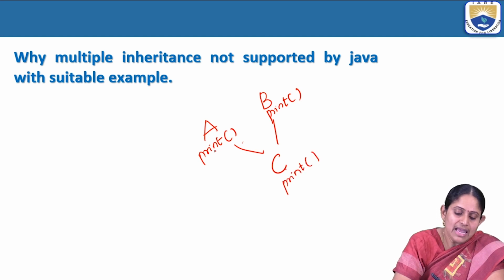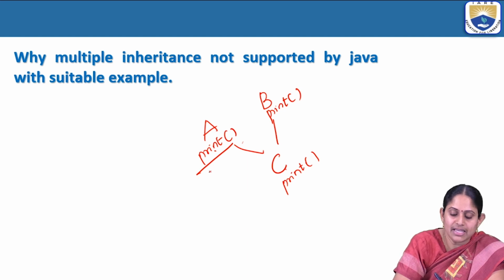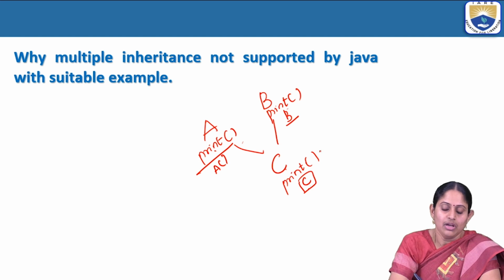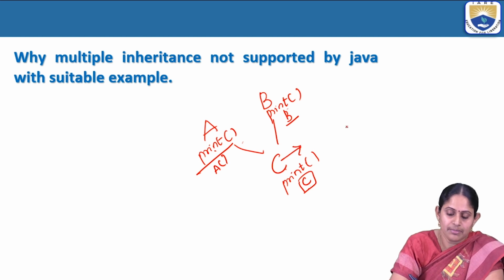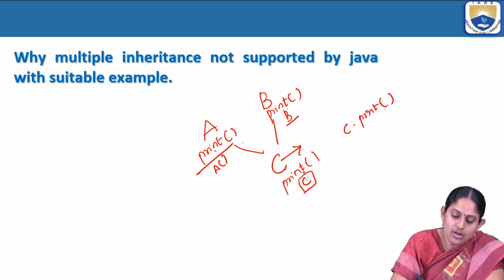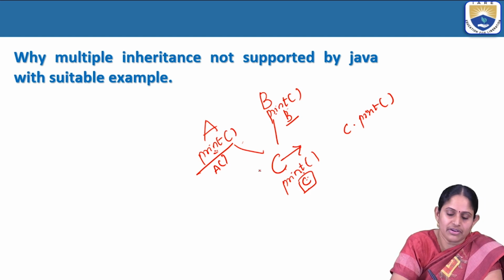What happens? A will be implementing print in its own way, B will be implementing it in its own way, and C will be implementing it in its own way. Now you are creating an object of C and calling the print method. C already has two copies of the print method, obtained from the A and B classes.